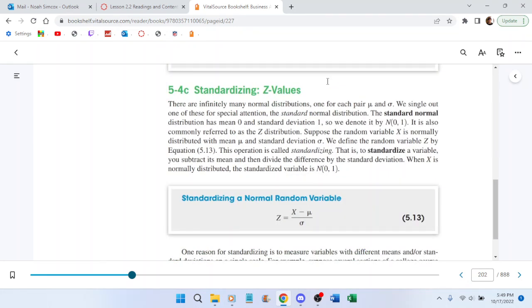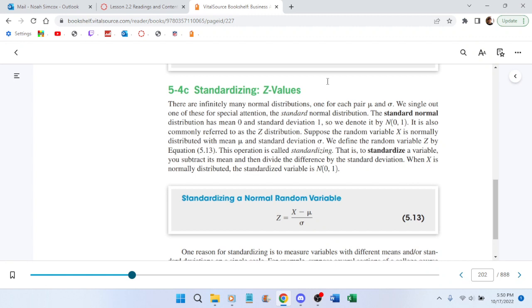Standardizing z-values. The standard normal has a mean of 0 and a standard deviation of 1.